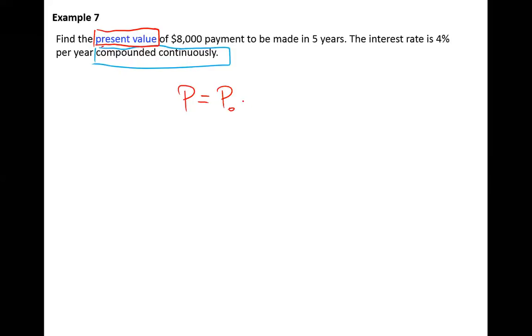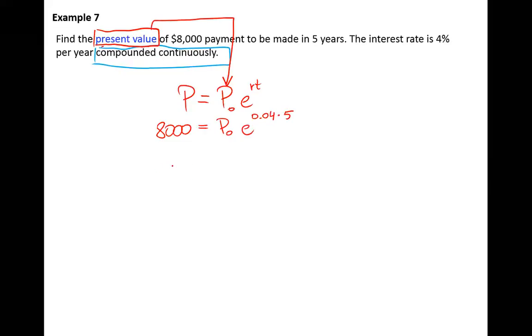Okay, e to the power of rt. I was trying to point to the present value. I'm getting 8,000. I don't know what I invested, but I know that it was 4% for 5 years.